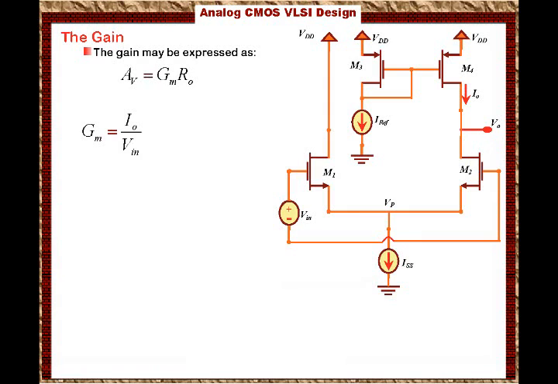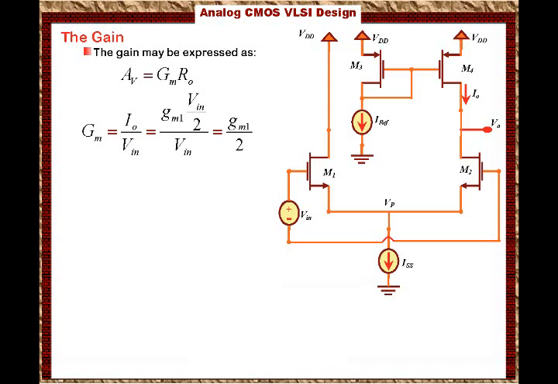Keep in mind that this is all AC signal, so the output AC current over the input AC voltage is the transconductance, and for this particular transistor the output AC current is GM1 times Vn over 2. Remember that GM1 and GM2 are the same, and then we divide by Vn, so you can see that the Vn cancels out, and that basically will be GM1 over 2.